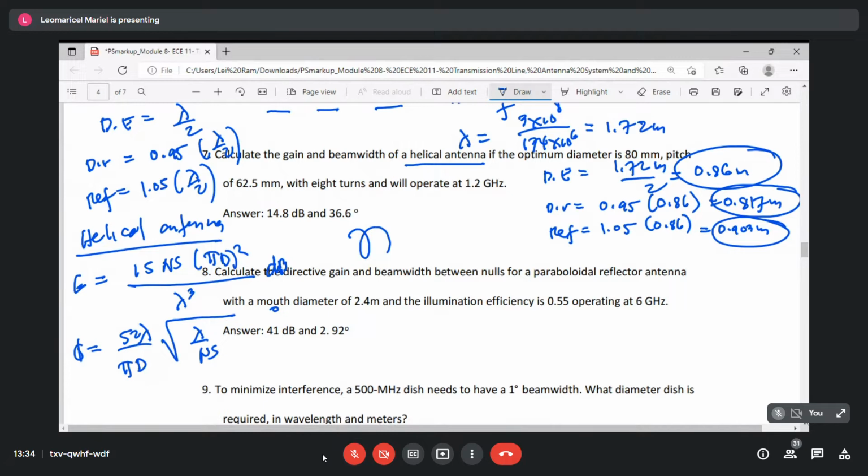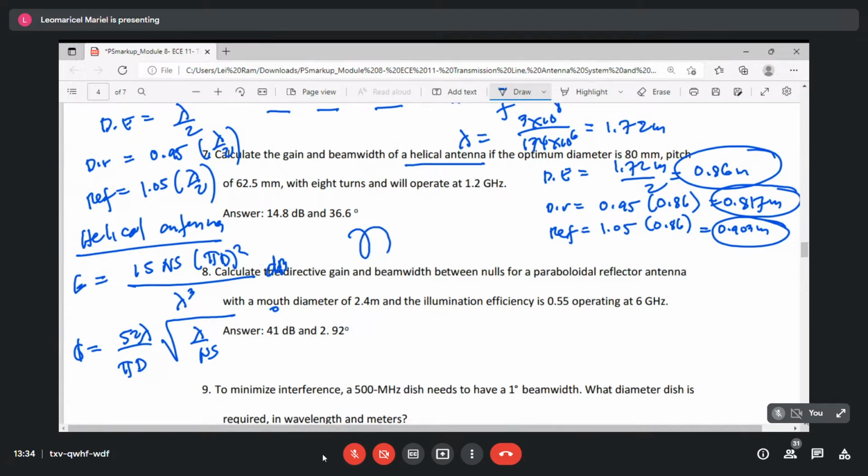Kailangan niya naka-meter, so that is 0.08 meter. And then, binigay din yung pitch. Yung pitch, yun yung spacing between turns.